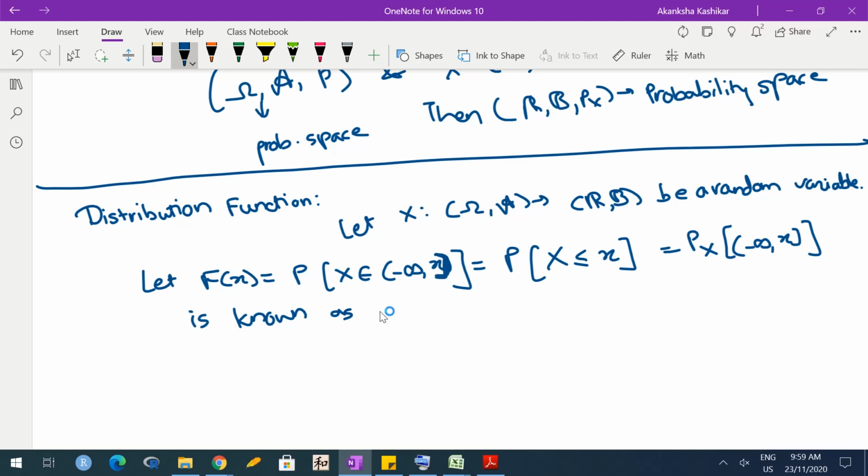And what are the properties? The properties are, first of all, it is non-negative. Since it is probability, it is non-negative, so FX is always non-negative.